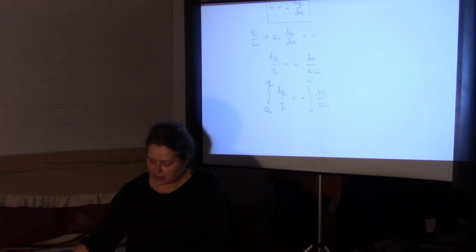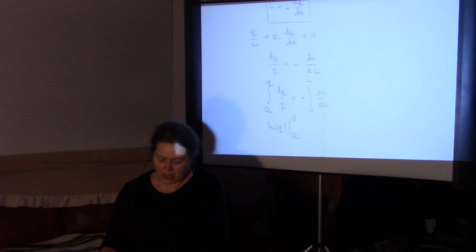And obviously that would be something that we will be able to integrate easily. On this side we have natural log of q between our limits q initial, and at a later time a certain amount of q in the circuit, and then we'll have negative t over RC.